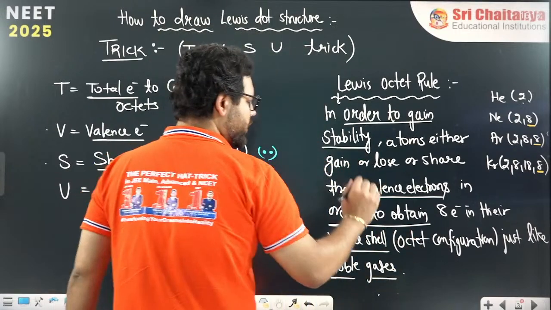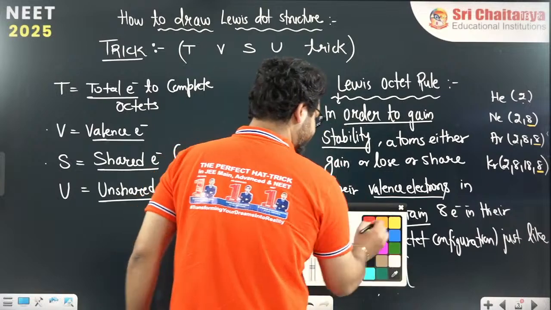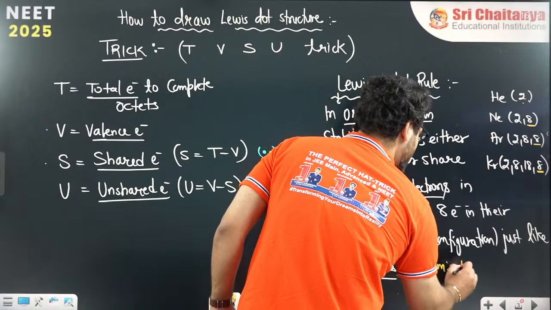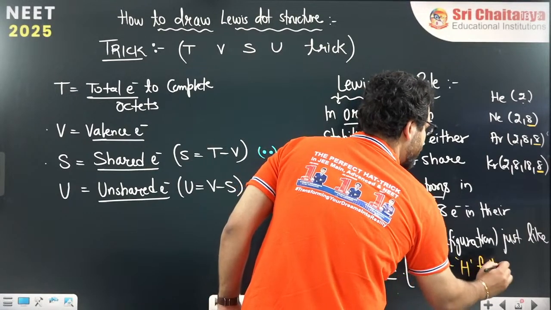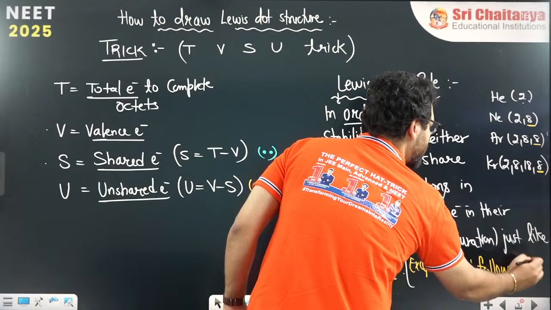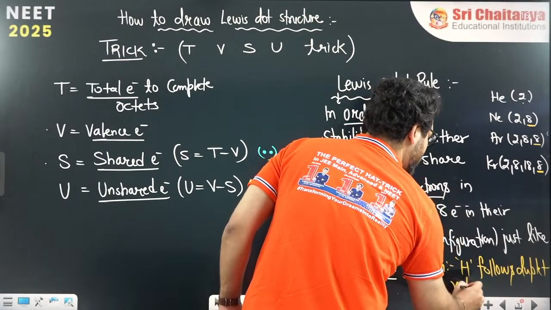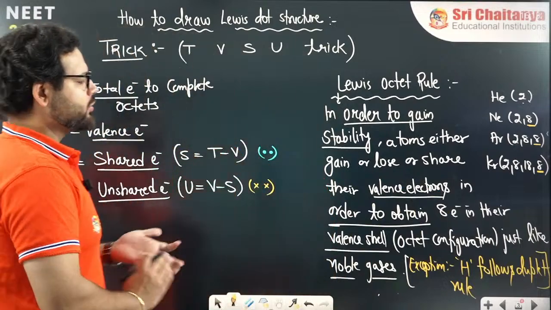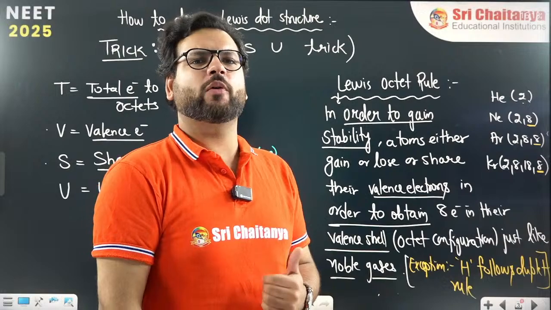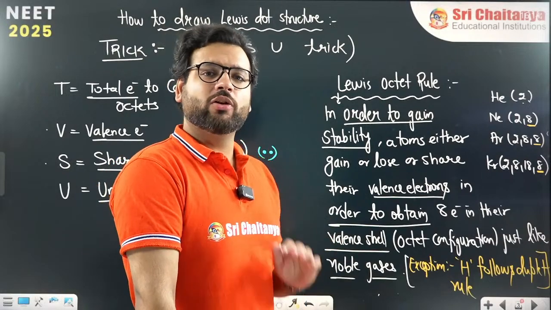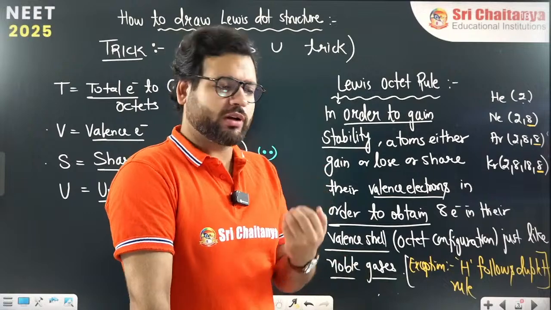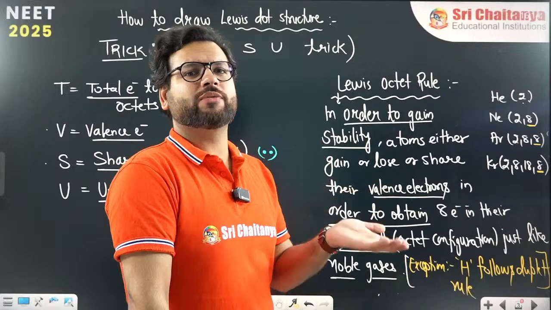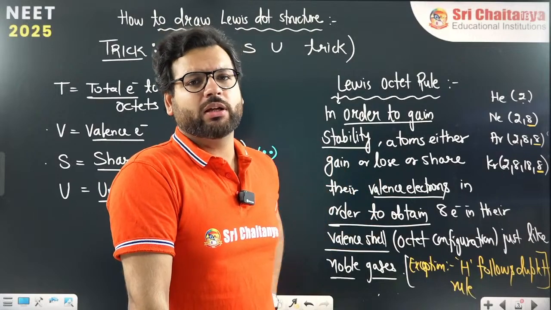Hydrogen follows the duplet rule instead of the octet rule. So hydrogen wants to become like helium, and other atoms want to become other noble gases. Chlorine will want to become argon because chlorine is very near to argon. Nitrogen would want to become neon because nitrogen is very near to neon in the periodic table.